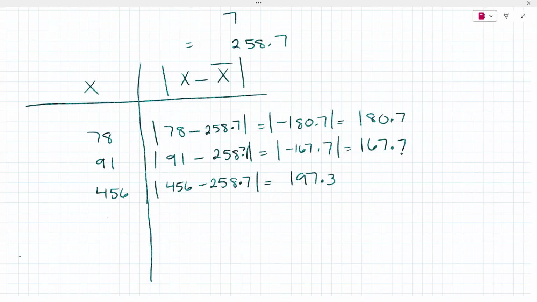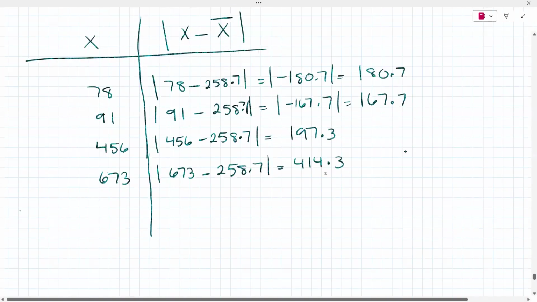And then the next one is 673. So this is going to be 673 minus 258.7, which comes out as 414.3. The next one is 11, or not 11, 111.